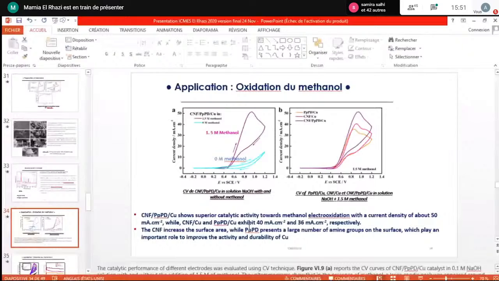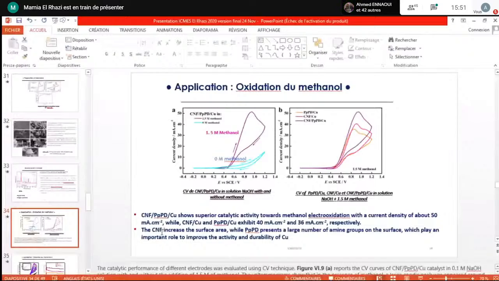So the carbon nanofiber increases the surface area, while the polymer presents a large number of amine groups on the surface, which play an important role to improve the activity and durability of copper.